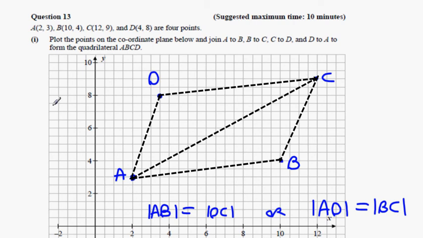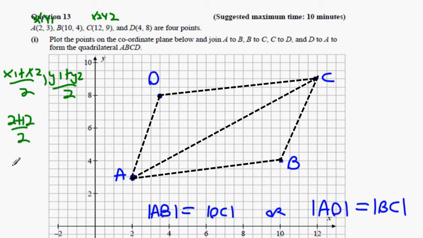Okay, so what we can say is AC being x1, y1, x2, y2, midpoint formula being x1 plus x2 over 2, y1 plus y2 over 2. So it's going to be 2 plus 12 over 2, which is going to be 7. Then y1 plus y2 is going to be 3 plus 9 over 2, which is going to be 6.